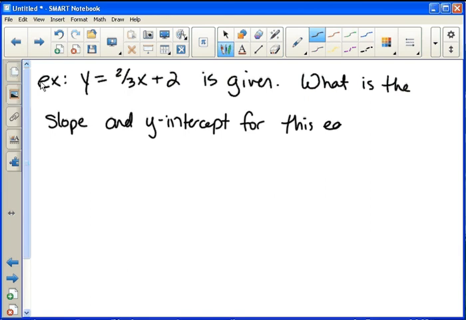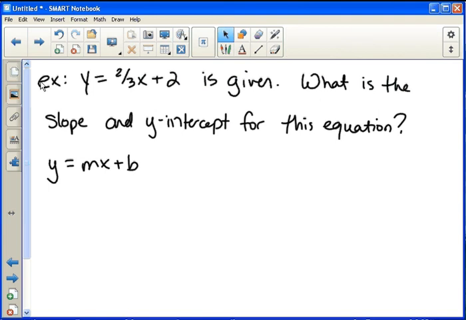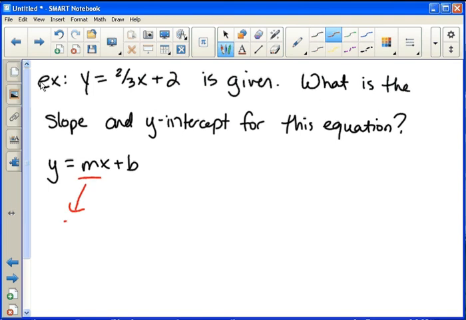Okay, well it's really simple. Remember, it's y equals mx plus b. That's the form we're taking. And m is our slope, and b is our intercept. Our y-intercept is more specific, y-intercept. So that really does give you a point, because a y-intercept is one of the points for your line.